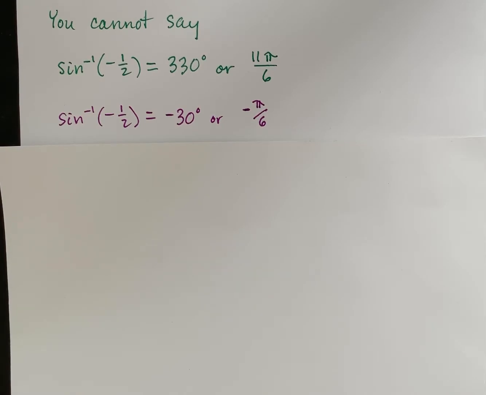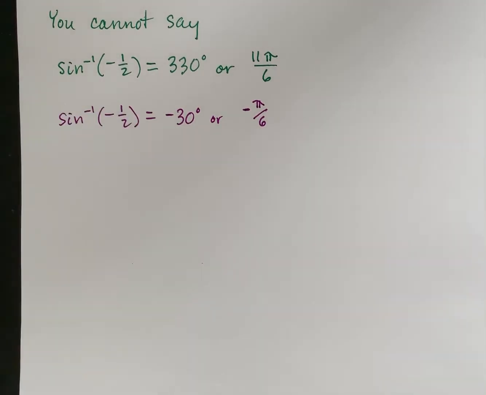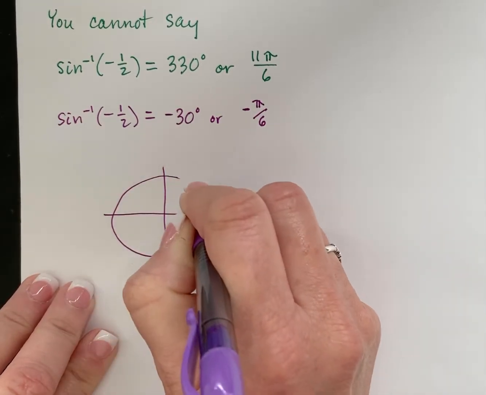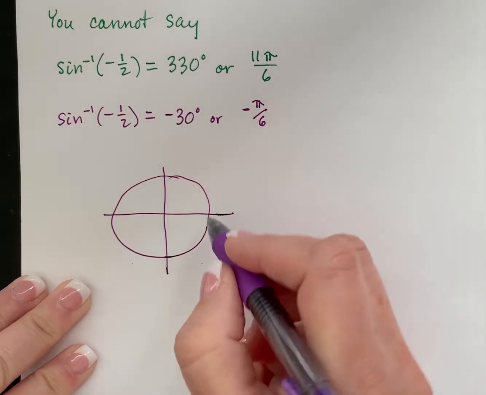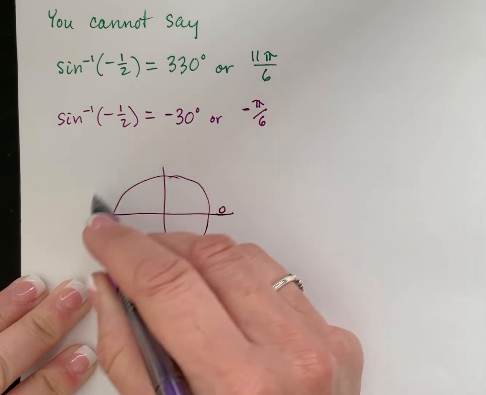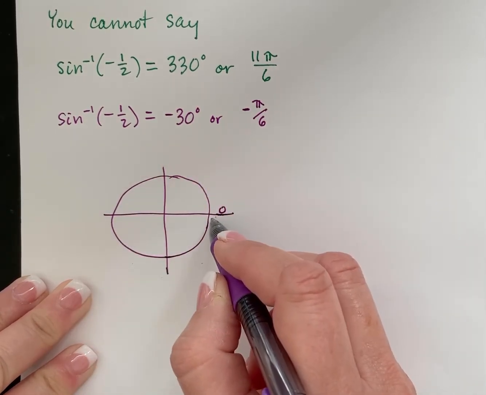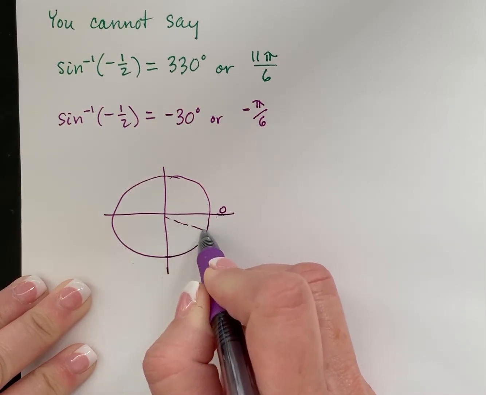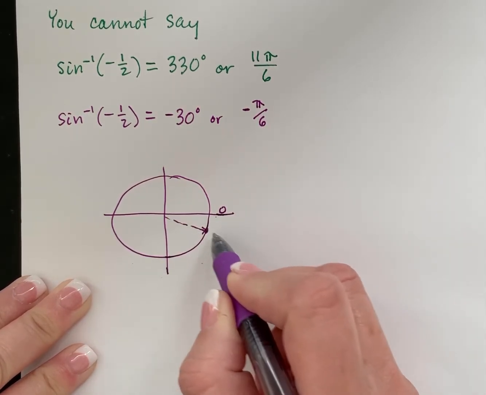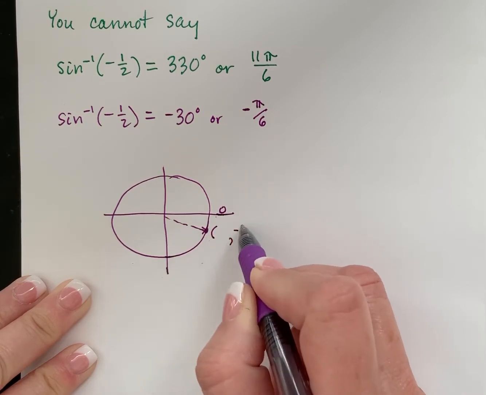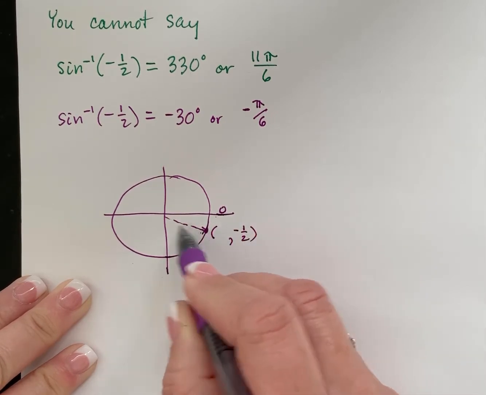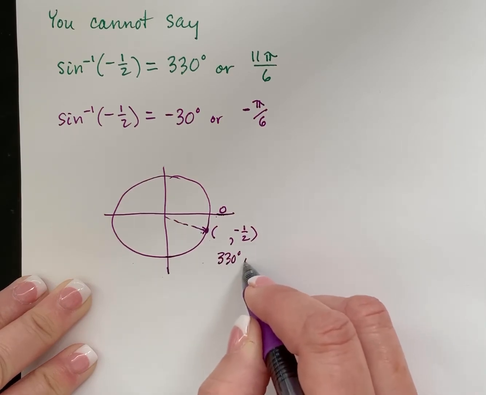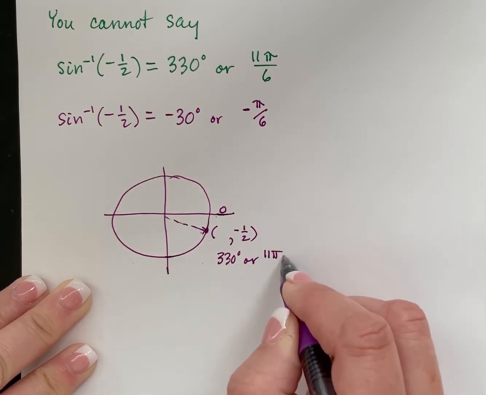All right. Now, this is a little tricky because when we were working problems on the unit circle, a lot of times we go from 0 to 360 degrees or from 0 to 2 pi. And when we're talking about an angle here in the fourth quadrant, whose y-coordinate is negative 1/2, we often refer to that angle as 330 degrees or 11 pi over 6.